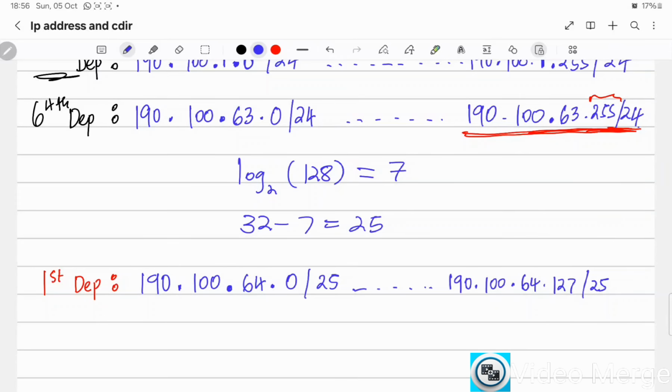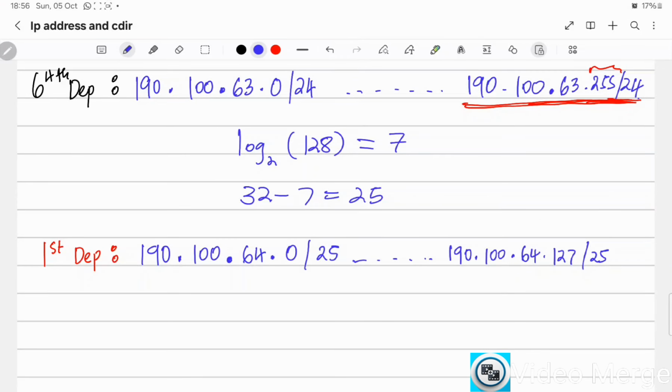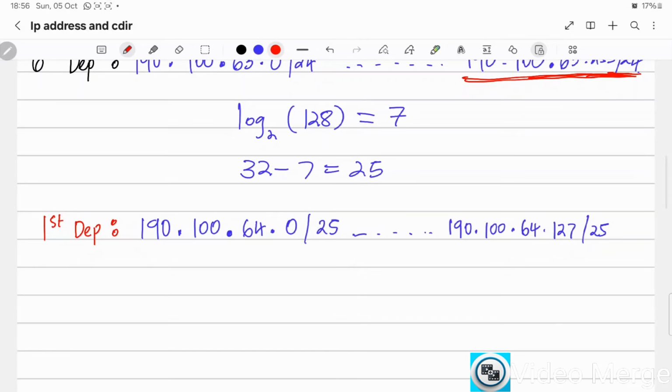Okay, meaning now on the second department, we are going to have 190.100. We're actually continuing from that 64 because we haven't yet used the maximum value point. Remember, the maximum value point has to be 255, right? So here we're actually going to have 64.128 /25.